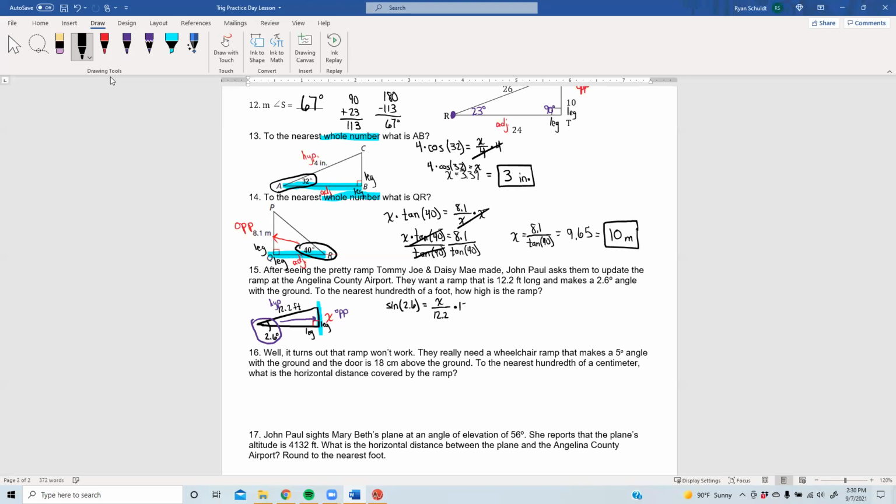Multiply both sides by 12.2. Those go away. We're at 12.2 times the sine of 2.6 equals X. Is X by itself?